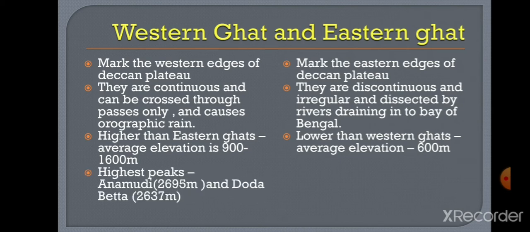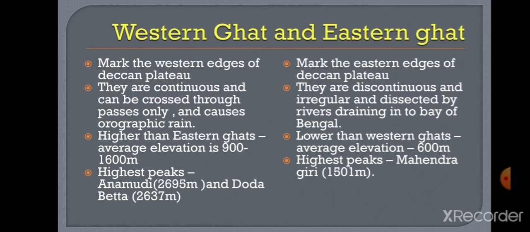Next, the highest peaks of this area. Anamudi is the highest peak of the Western Ghat, and another, not less than Anamudi, is Doda Beta. These are some prominent peaks in the Western Ghat. The highest peak in the Eastern Ghat is Mahendragiri.